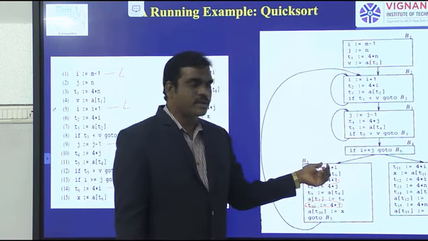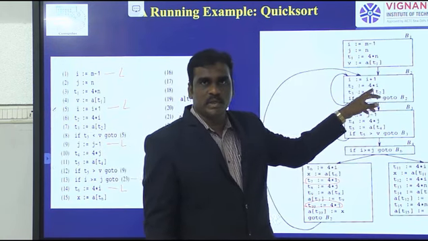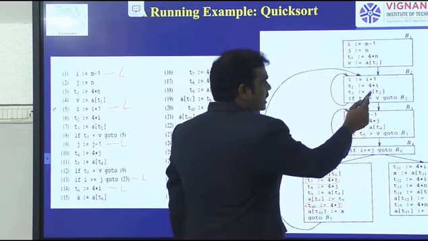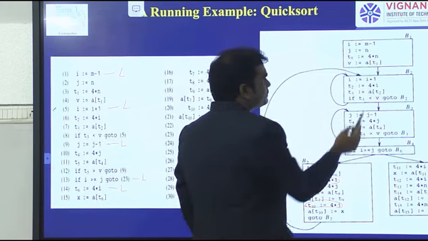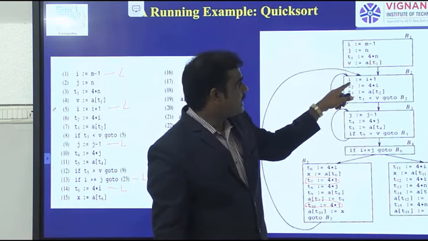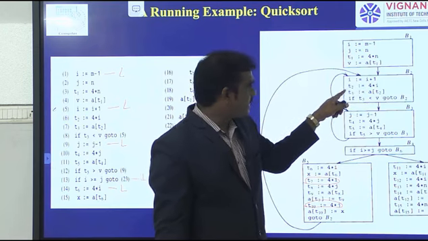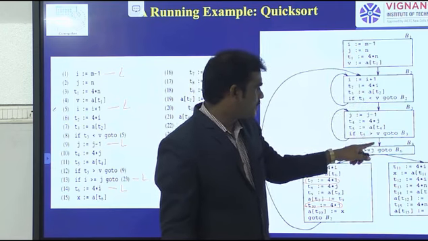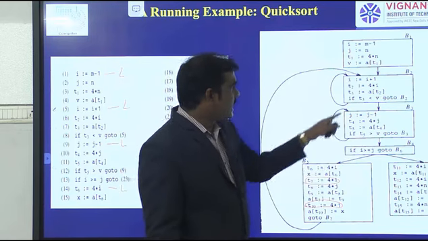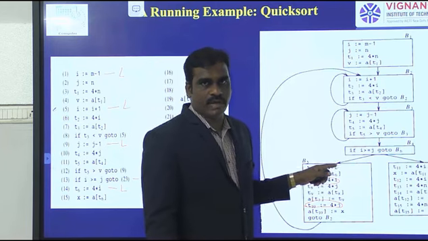Now here T6 equal to 4 into I. Here also T2 equal to 4 into I. The expression is same. What about the I value? Here I is updated. After the statement T2, there is no I value updated. So in this case both are generating the same value.